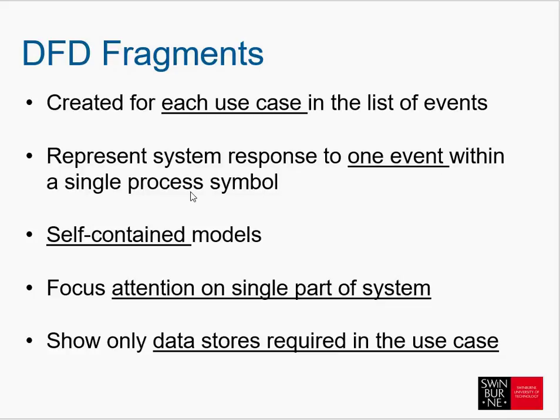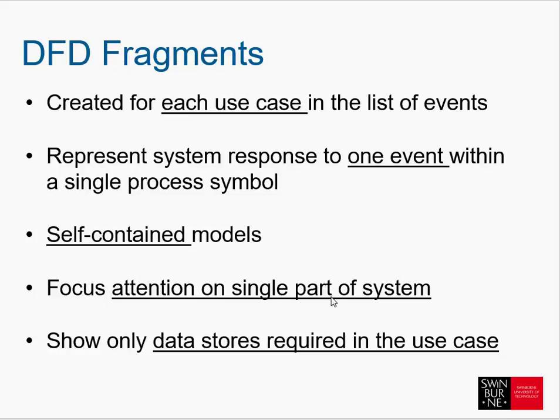Now, when it comes to a fragment, we can say it is a self-contained model, because it does not get any data inputs from or produce output for any other systems. It's the smallest self-contained model that you can draw in your system. It focuses attention on a single part of the system.